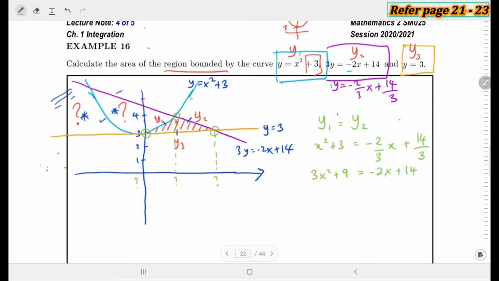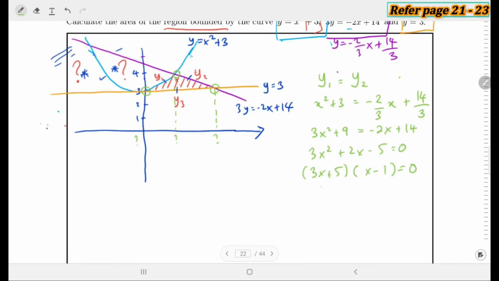That will result in the quadratic equation 3x squared plus 2x minus 5 equals 0. And then this quadratic can be factorized into (3x plus 5)(x minus 1) equals 0.